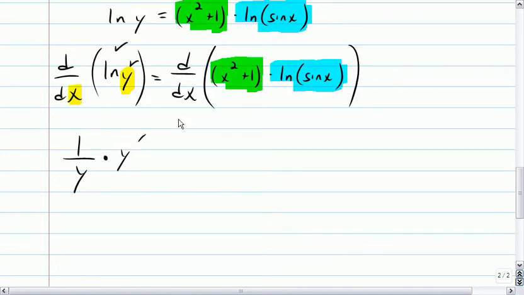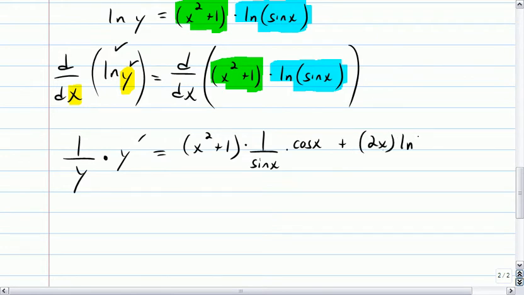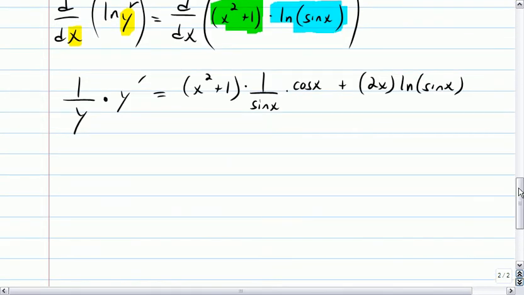On the right-hand side, I have the product rule, so I'm going to leave the green one alone and do the derivative of the blue one, plus do the derivative of the green one and leave the blue one alone. Now I can clean up the right side a little.